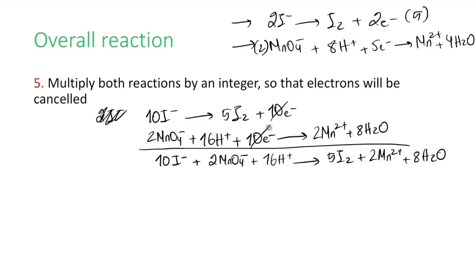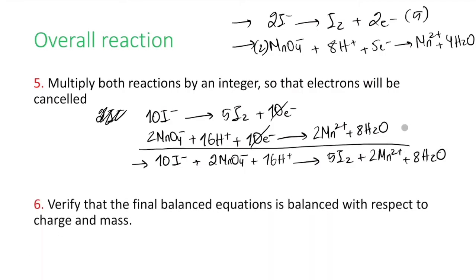I just canceled the electrons. The electrons that are being lost by the iodine are being gained by the permanganate. 10 electrons being lost by 10 I⁻ are being gained by 2 MnO₄⁻. So the overall reaction is 10 I⁻ plus 2 MnO₄⁻ plus 16 H⁺ is giving us 5 I₂ plus 2 Mn²⁺ plus 8 H₂O.